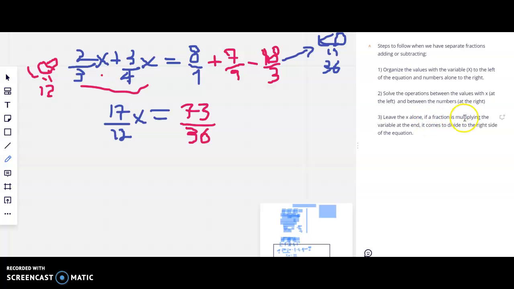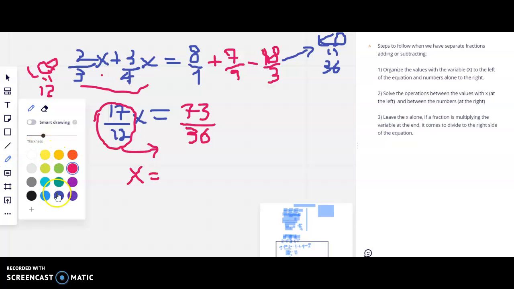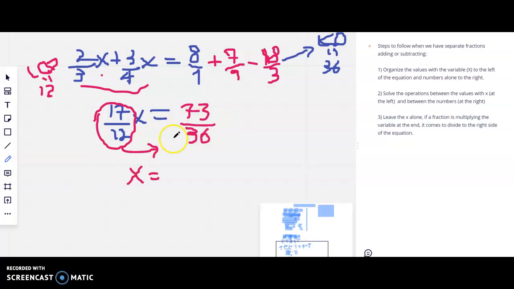If a fraction is multiplying the variable, it comes to divide to the right side of the equation. So x equals, and then we have this fraction, it doesn't change.